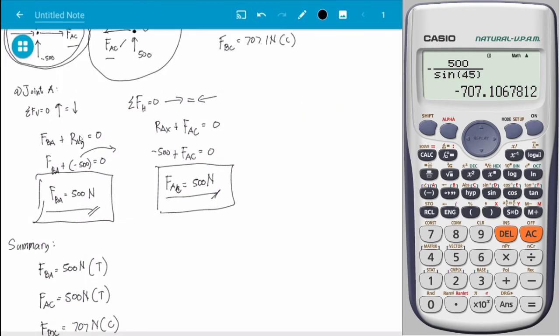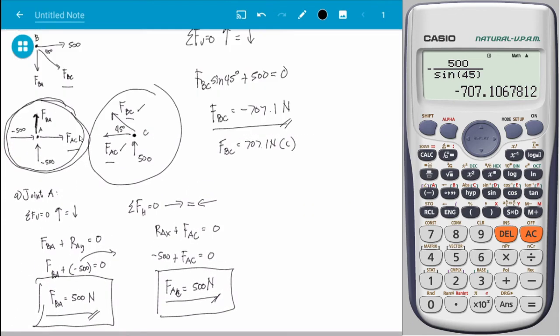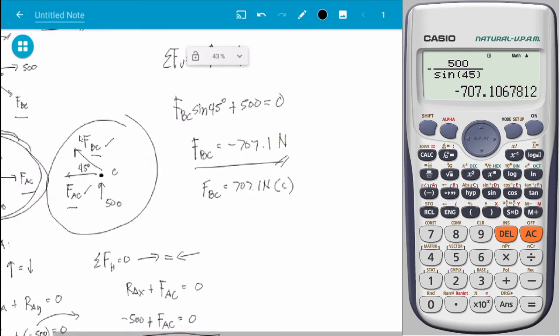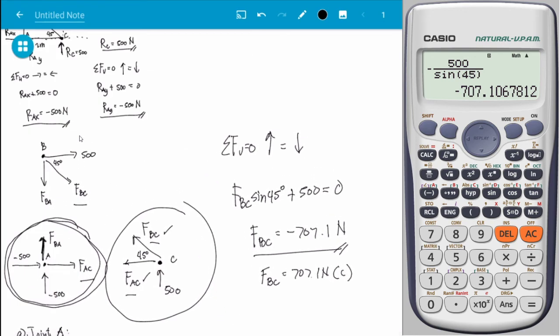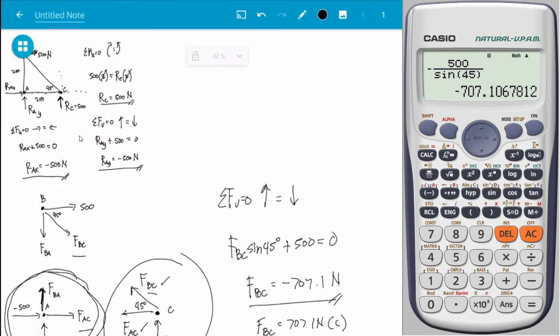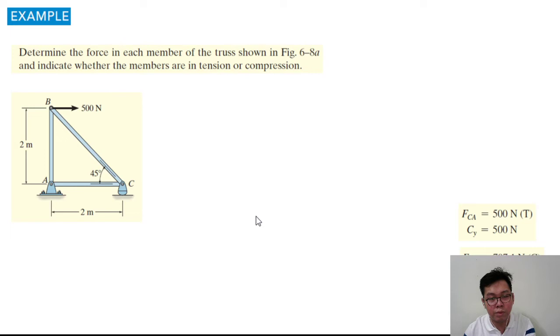Now, baka isipin nyo, sir, ang dali ng example mo, sir, tapos ang hirap ng mga exam. Actually, hindi. Baka kasi isipin, yung iba kasi dyan, sinasabi na iba yung example, iba yung exam sa example. Now, actually, ang ituturo natin sa examples, yung mga principle lang.